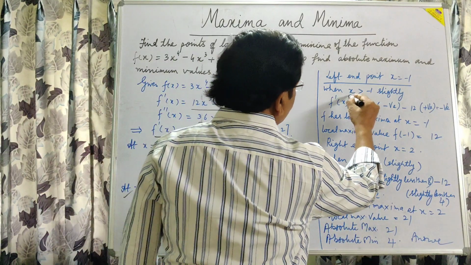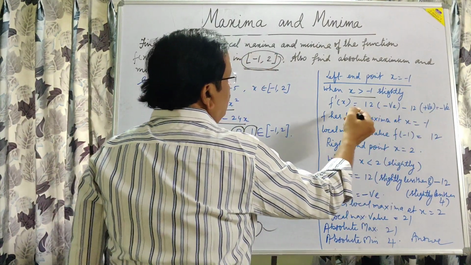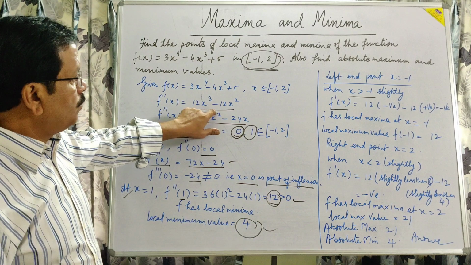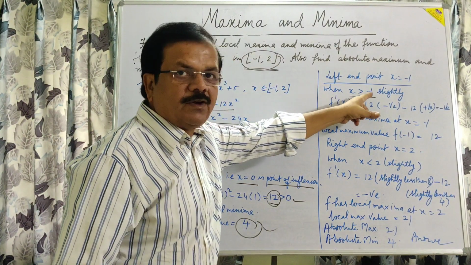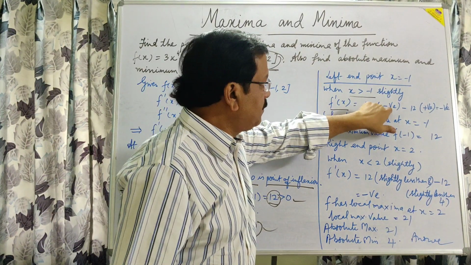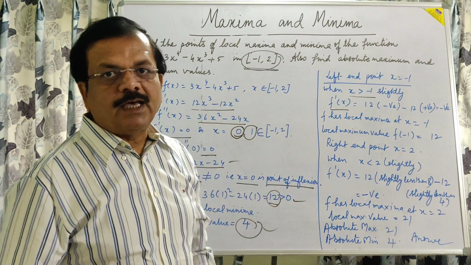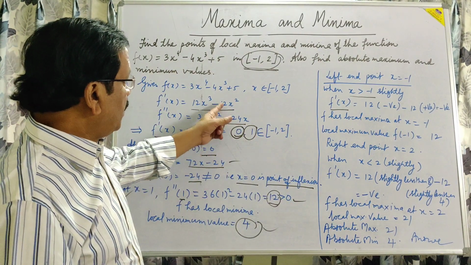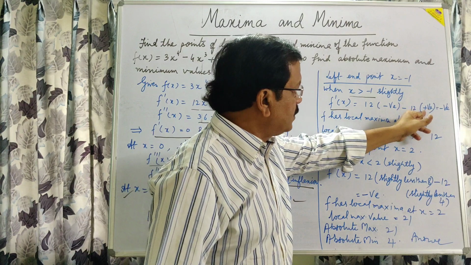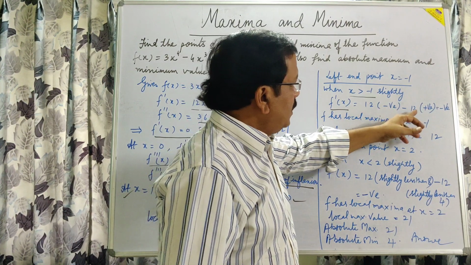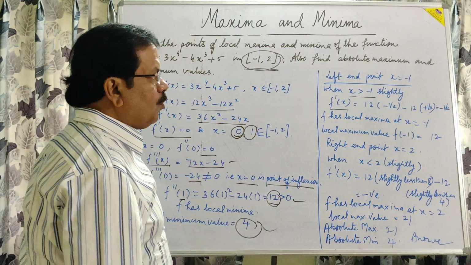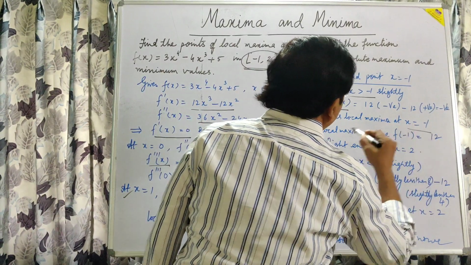Here x is slightly more than minus 1, then f dash x, 12x cube minus 12x square: the cube of a negative is negative, so 12 negative, and the negative square is positive, so 12 positive.